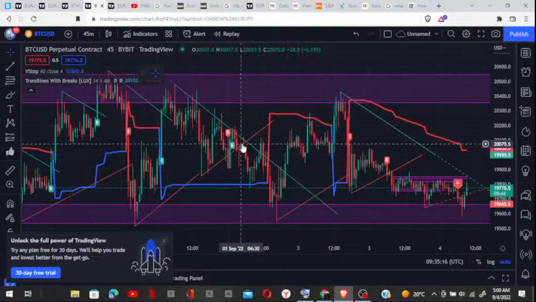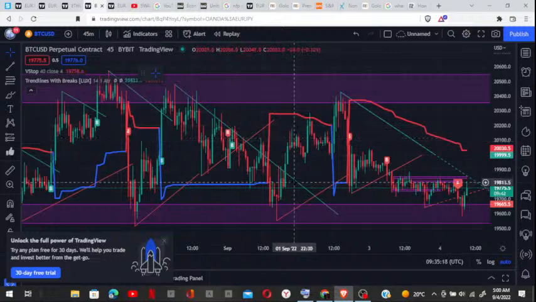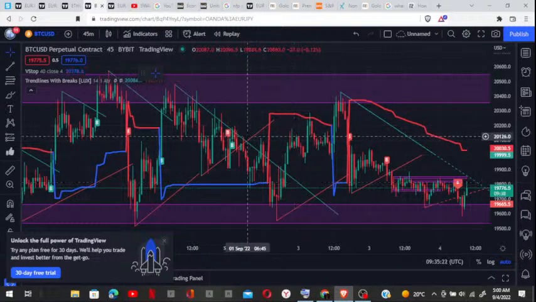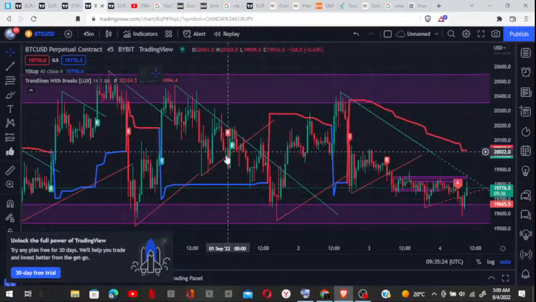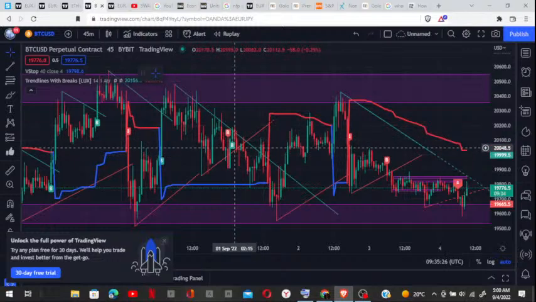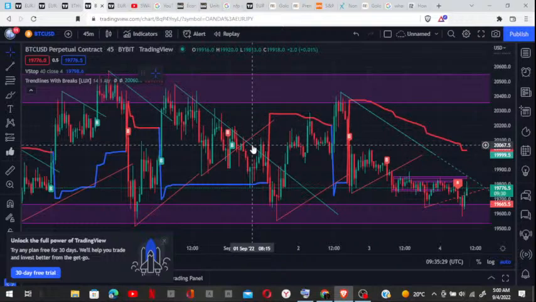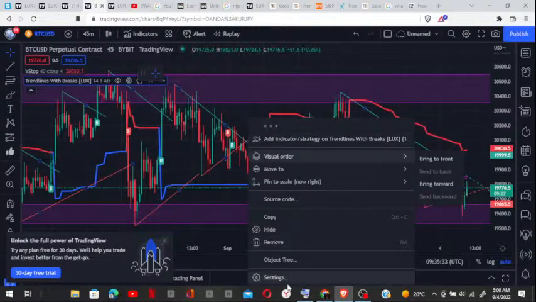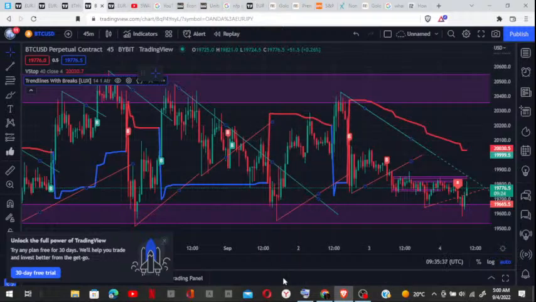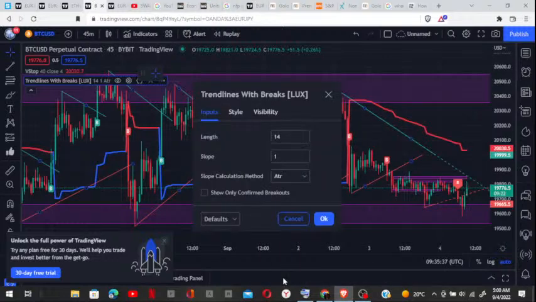The green one represents when to enter the buy market, and this one will show you when to get out of it. Let me show you how you can put your settings. We're going to click on this and come here to settings, and we're going to change this to 24.